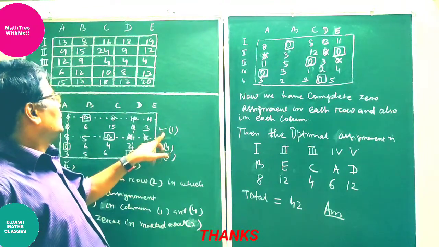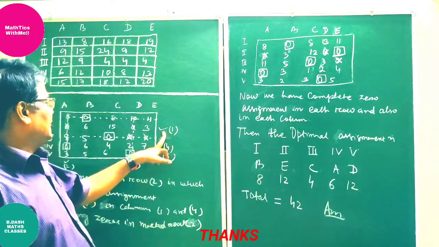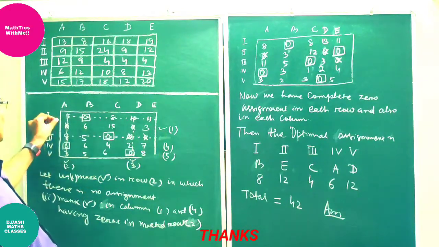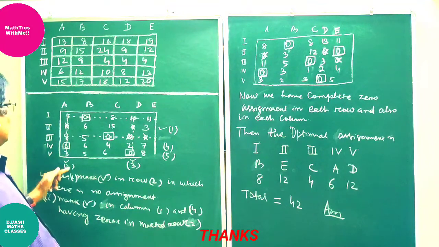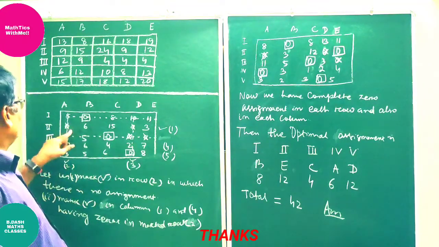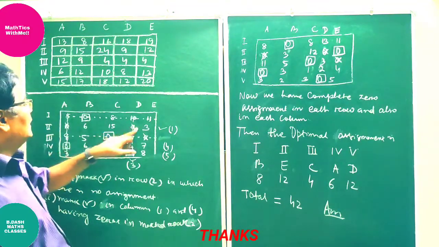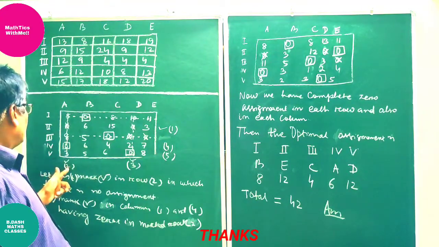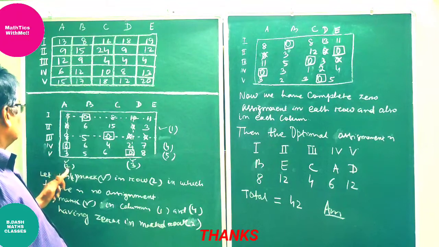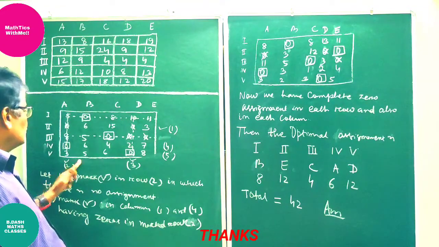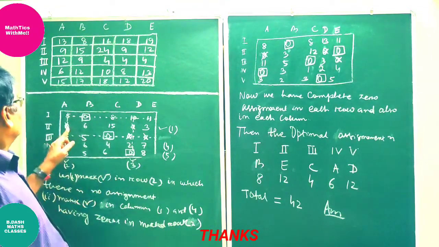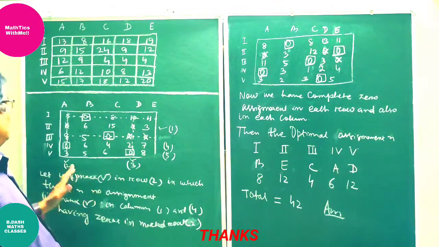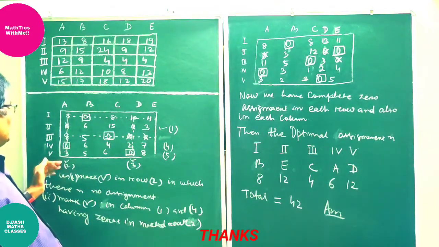We have to put a tick mark here. Putting tick mark here, we must tick mark the columns in which we are having zeros in row 2. Now we are having 2 tick marks in column 2 and column 3 because they contain zeros in row 2. So then what we have to do?